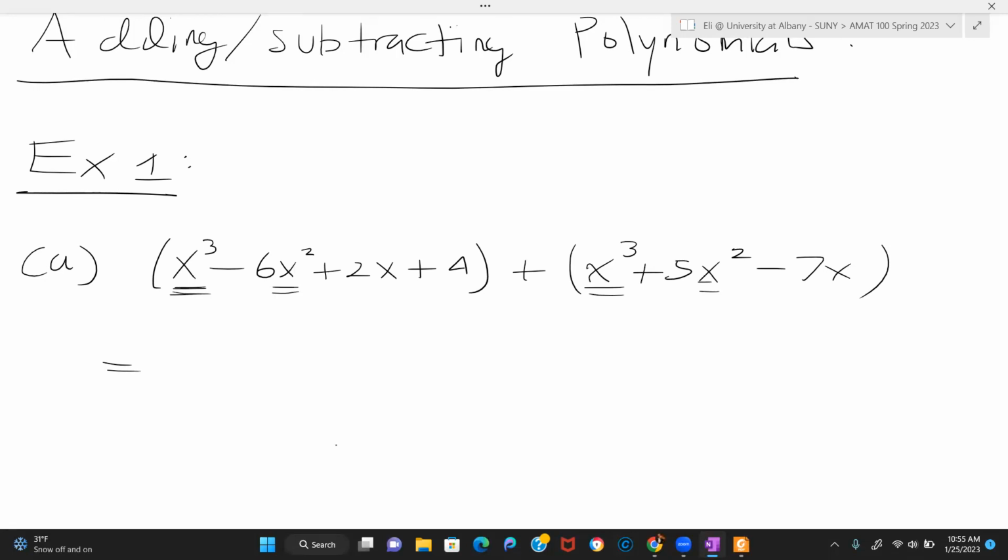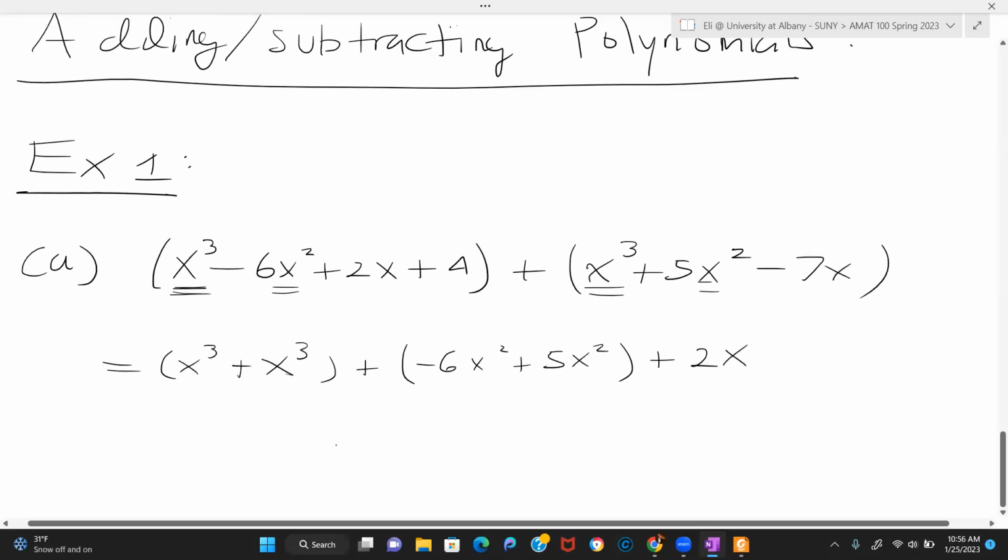And I'm going to bracket them off. So we have an x cubed from this first polynomial, and then x cubed for the second. Next we have this negative 6x squared in the first polynomial, and then we have a plus 5x squared. Right now I'm using the commutative property and then the associative property. And then there's an x term here, but there's no x term in this second polynomial.